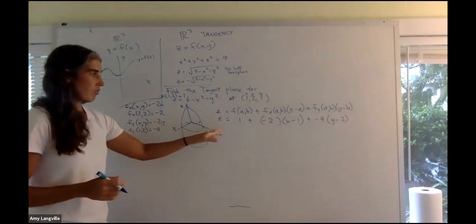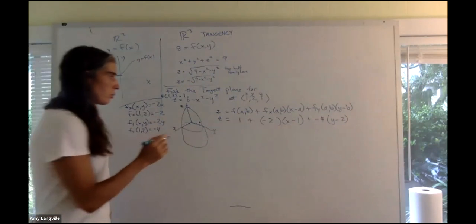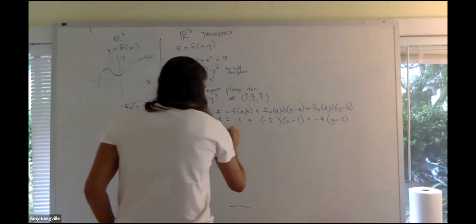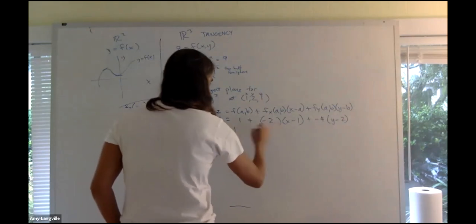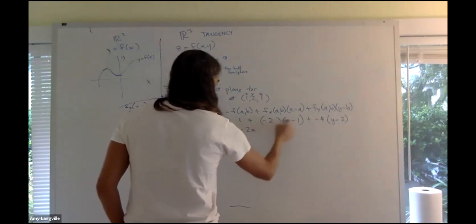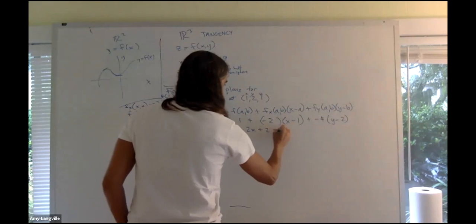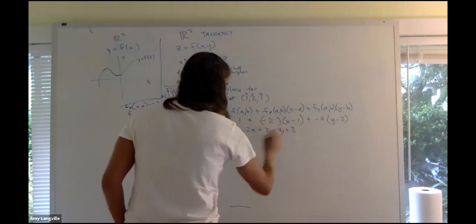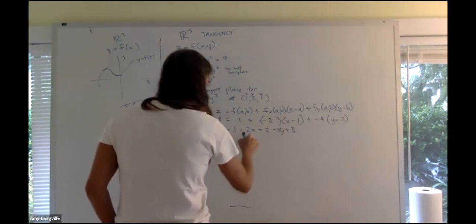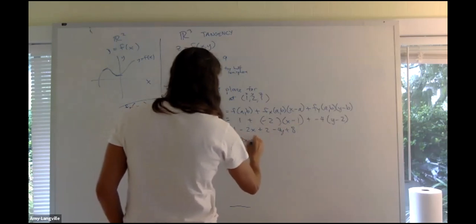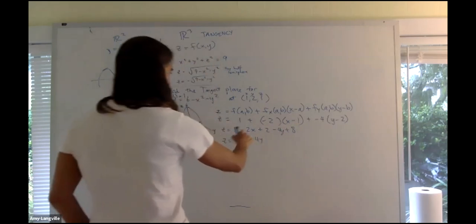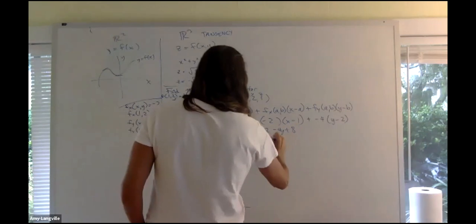And so we can solve this. Let's simplify a little bit, and then let's check graphically that this makes sense. Minus 2x plus 2 minus 4y plus 8. So z is minus 2x minus 4y plus 11.